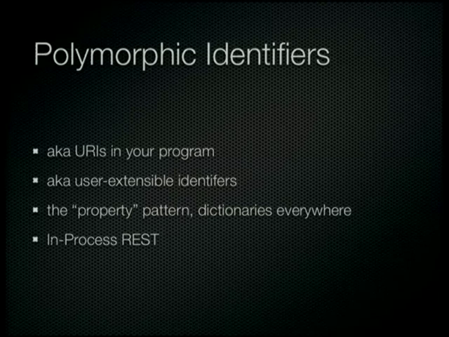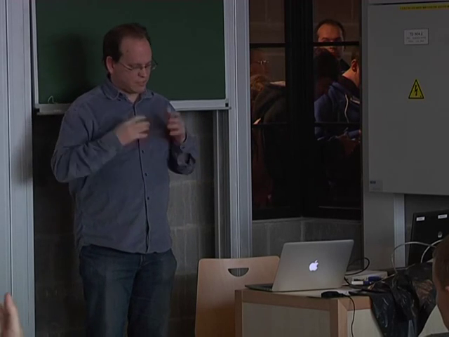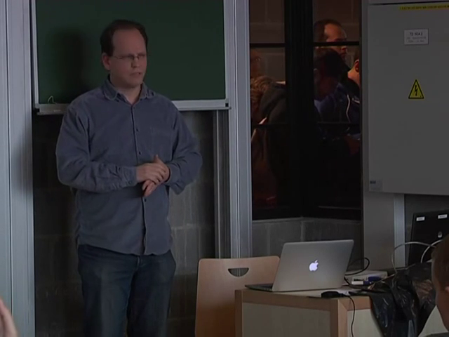So one of the cornerstones of that, and it actually took me a while to figure that one out, is you have to be able to name things properly. Before you can start messing with the other parts, you need to actually make naming flexible. And that's what polymorphic identifiers are all about.